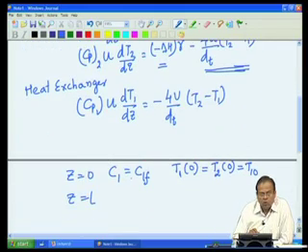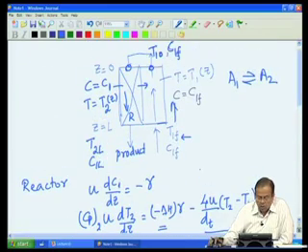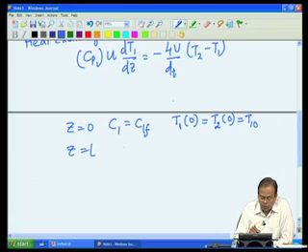We have 1, 2, and we have another boundary condition, namely the inlet temperature is known to me. So the temperature of the gaseous stream on the shell side at Z equal to L is T1F.